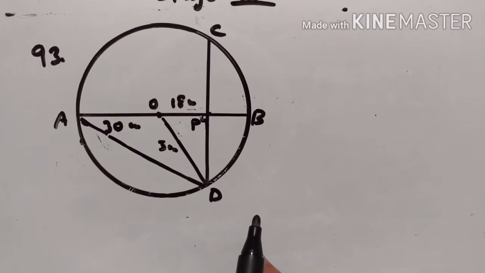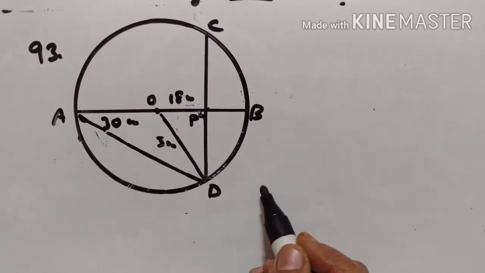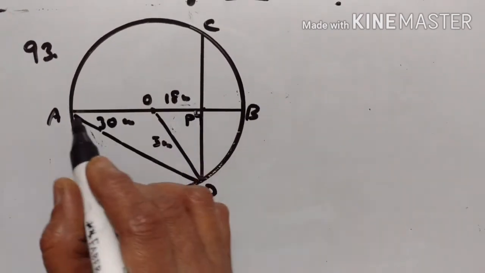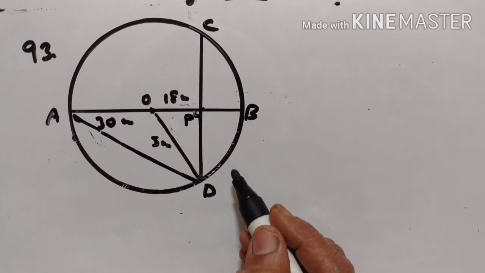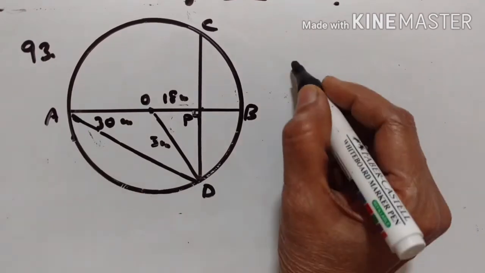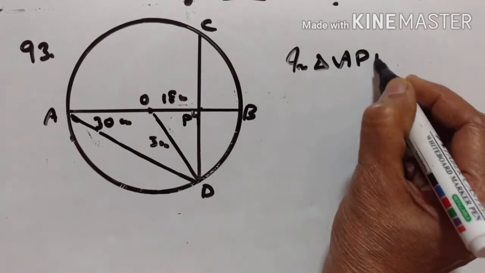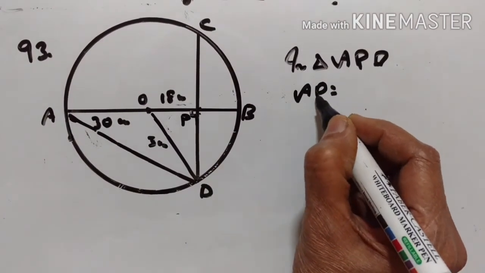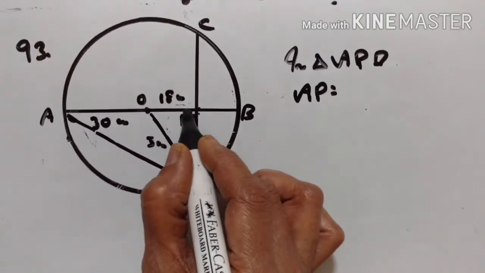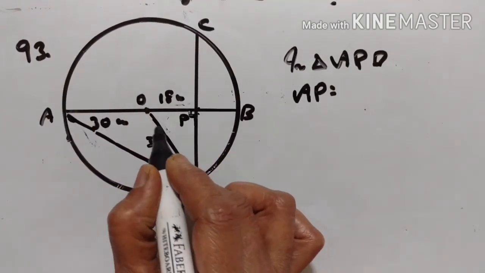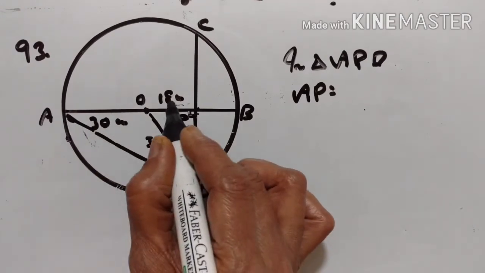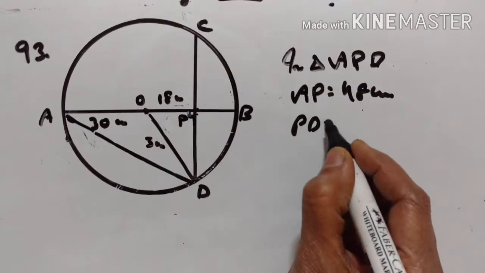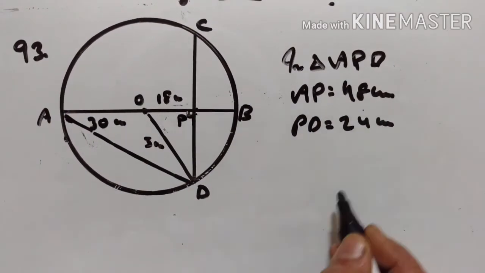Next, we have to find the length of chord AD. Now, in triangle APD, angle APD is equal to 90 degrees. Triangle APD is a right angle triangle and AD is the hypotenuse. In triangle APD, AP is equal to the radius plus 18 centimeter. OP is equal to 18 centimeter. OA is the radius. So, 30 plus 18 is equal to 48 centimeter. And PD is equal to 24 centimeter.